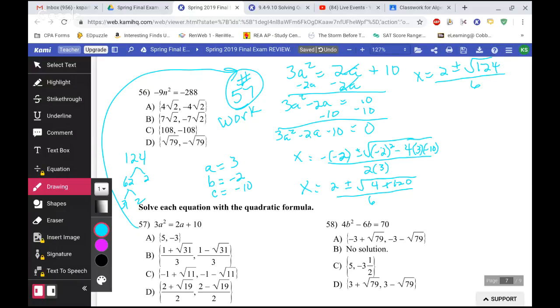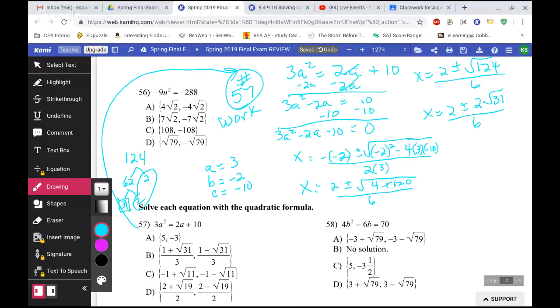So pairs make squares. What do I have a pair of? Pair of 2's. So that's going to be 2 root 31 because whatever is left, you keep under the radical. If it's a perfect square, it comes out. If it's not a perfect square, it stays in the radical jail.